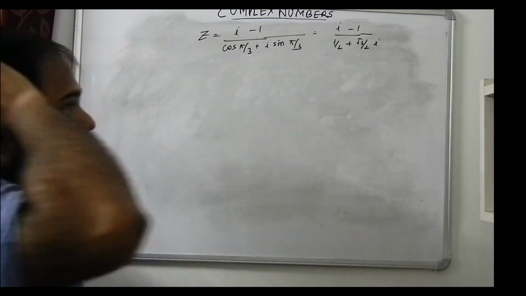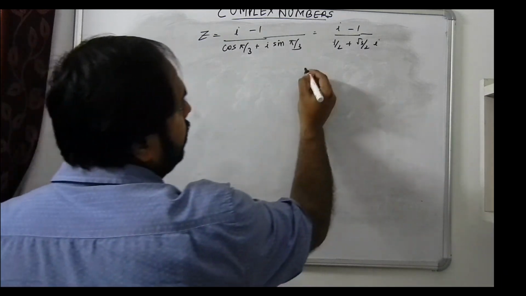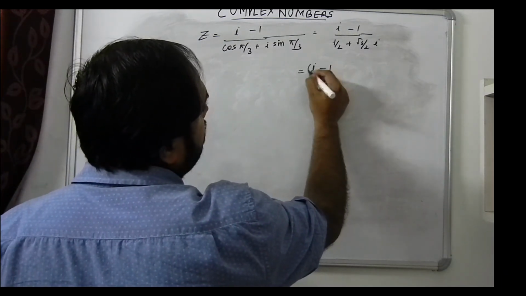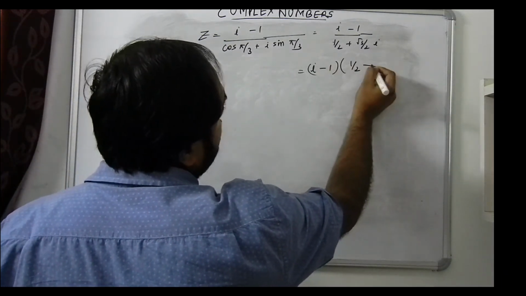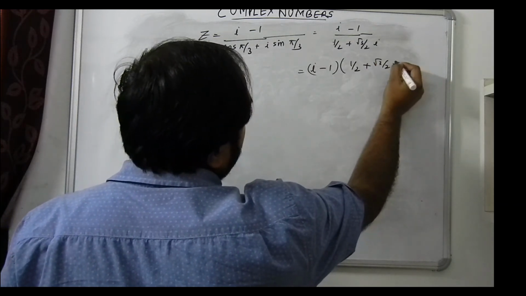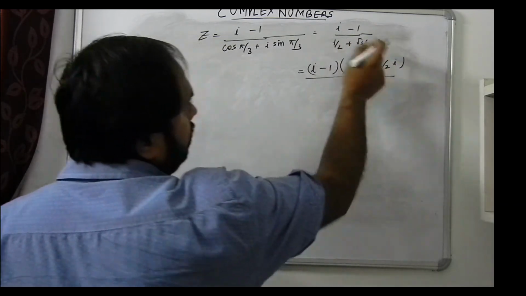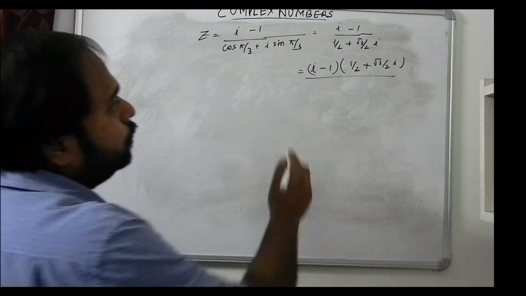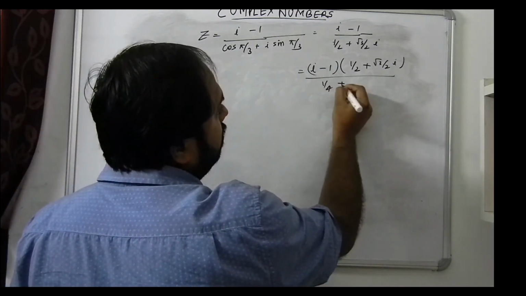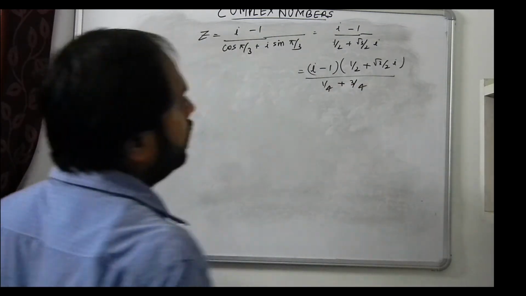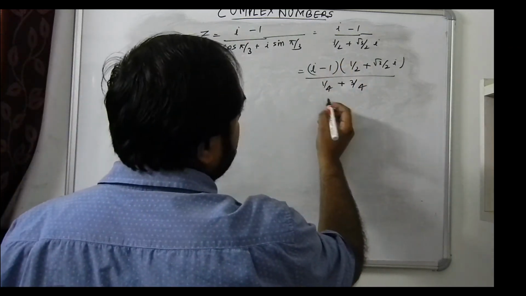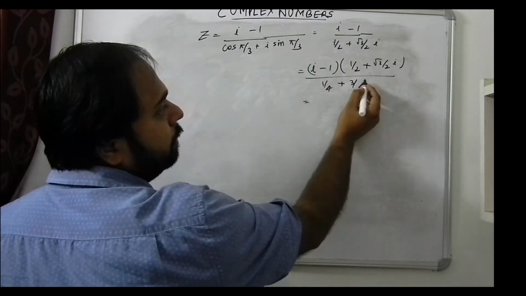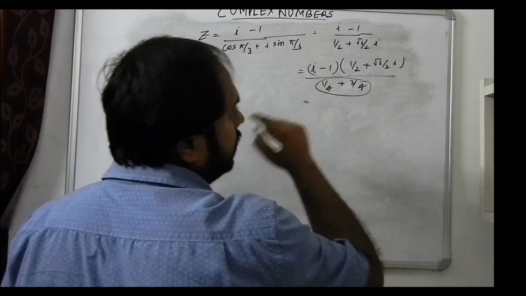Whenever I have a complex number in the denominator, I know that I have to multiply by the complex conjugate. It becomes (i minus 1) times (1 by 2 plus root 3 by 2 iota) upon a square plus b square, which is 1 by 4 plus 3 by 4. When I multiply this again, this becomes 1, so it is gone.